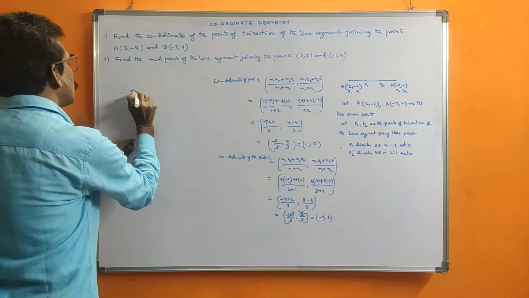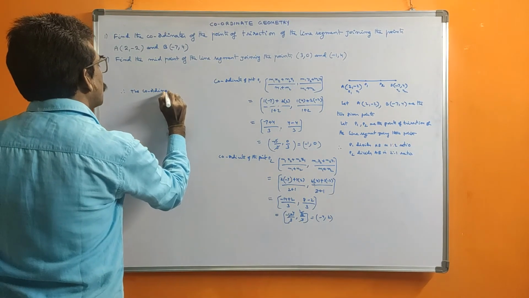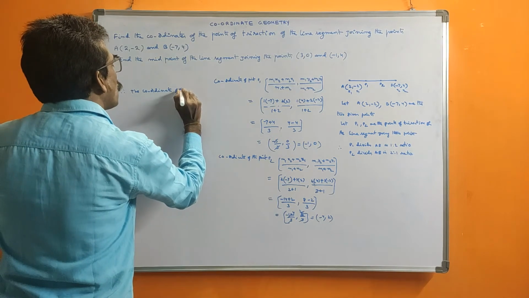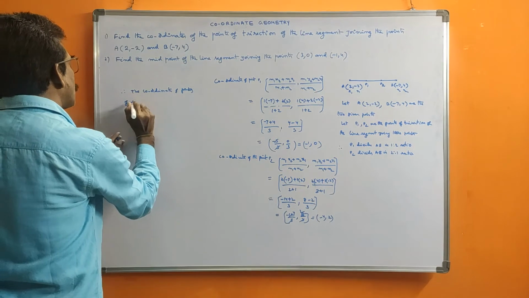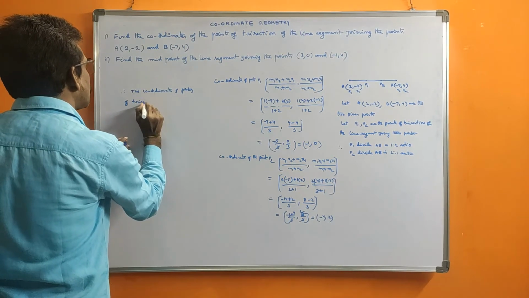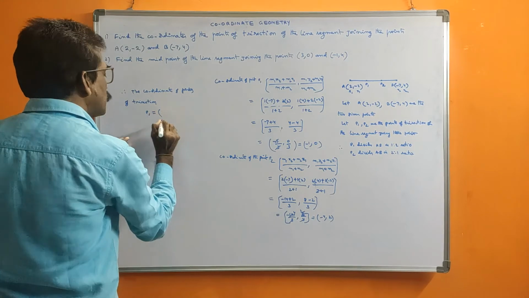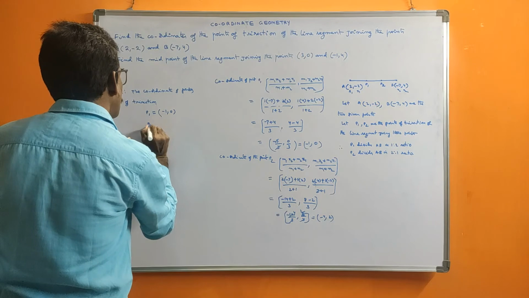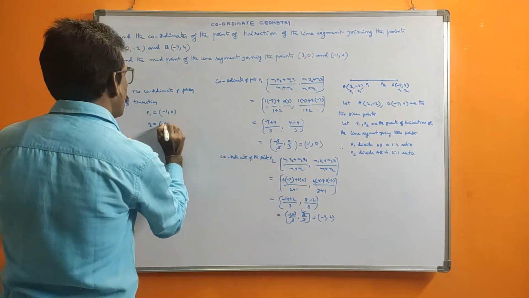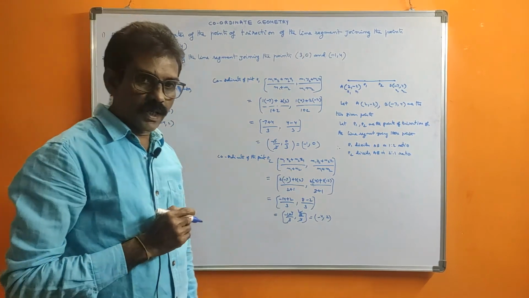Therefore, the coordinates of the points of trisection: P1 is (-1, 0) and P2 is (-4, 2). These two are the points of trisection.